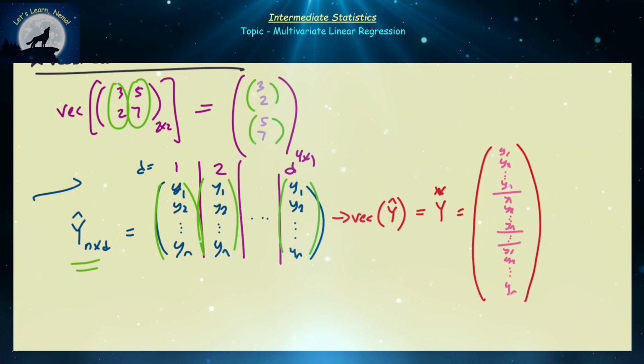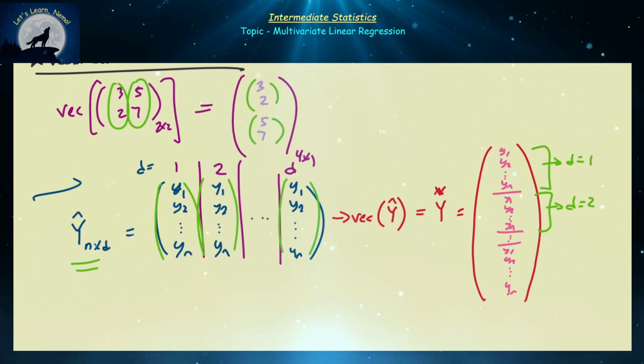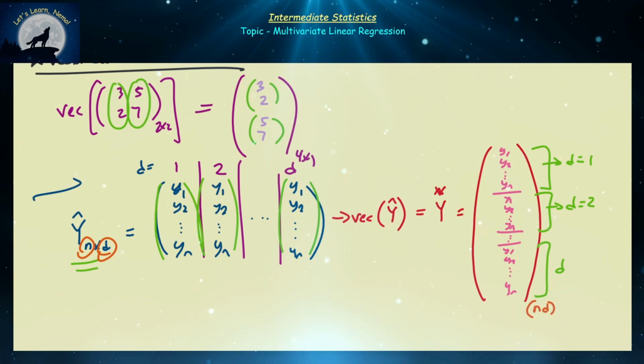Again, what are we looking at here? This is associated to the first response variable, that's our second response variable, and that is the last response variable, with the last response values at the very end or tail of that vectorized matrix, which is just a vector. So what is the size of this particular object? Keep in mind we have n rows and d columns here. That means this is going to be equal to an n times d row by 1 vector, right?